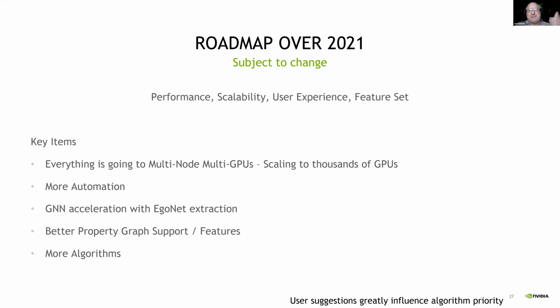So we're building up a richer set of features for dealing with property graphs and dealing with all this associated data that comes along with real world graphs that aren't an academic list of edges anymore. They're much more rich data along with the edges. It's not just the graph connectivity, it's a whole relational table along with it. And of course, always more algorithms.